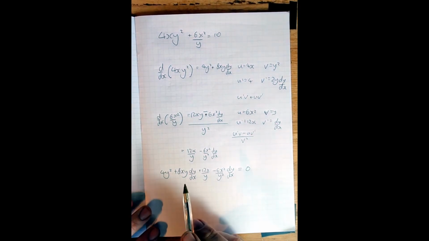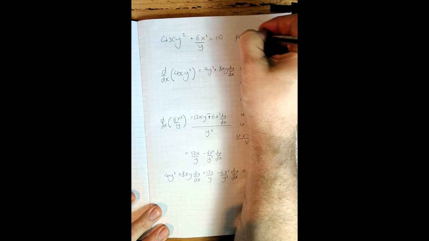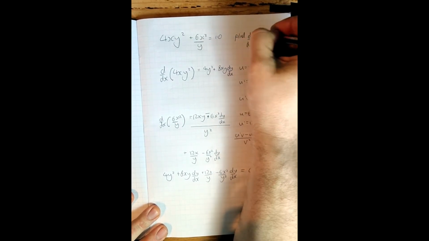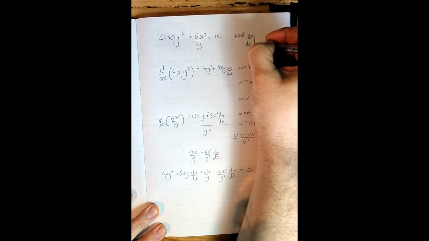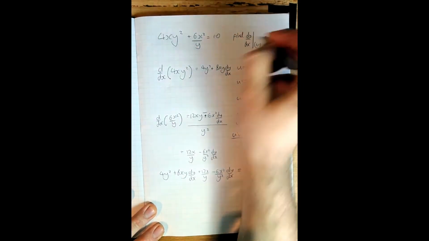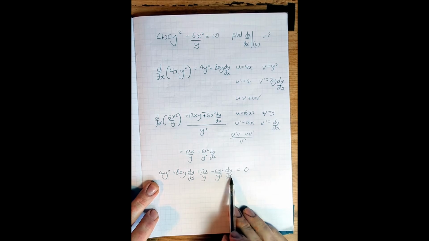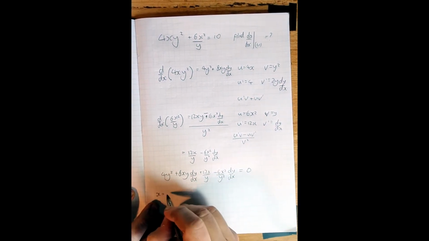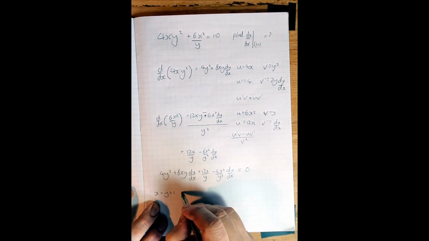Now the question wants the value at the point 1, 1. So at this point I'm going to sub in x and y both equal to 1.